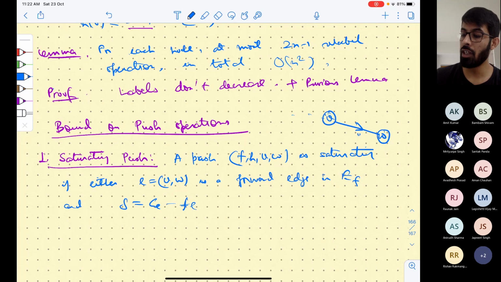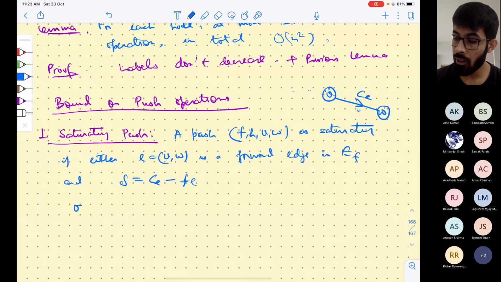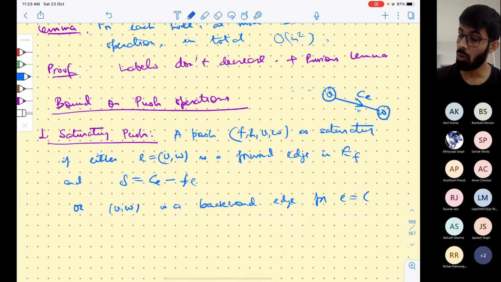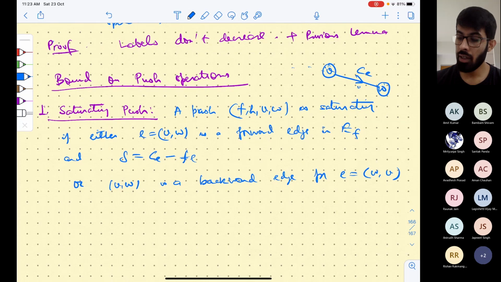That is, we fill this edge up to capacity. So suppose the capacity was c, and then we push flow to make it full. Or vw is a backward edge for e equal to wv, and delta is equal to f(e).